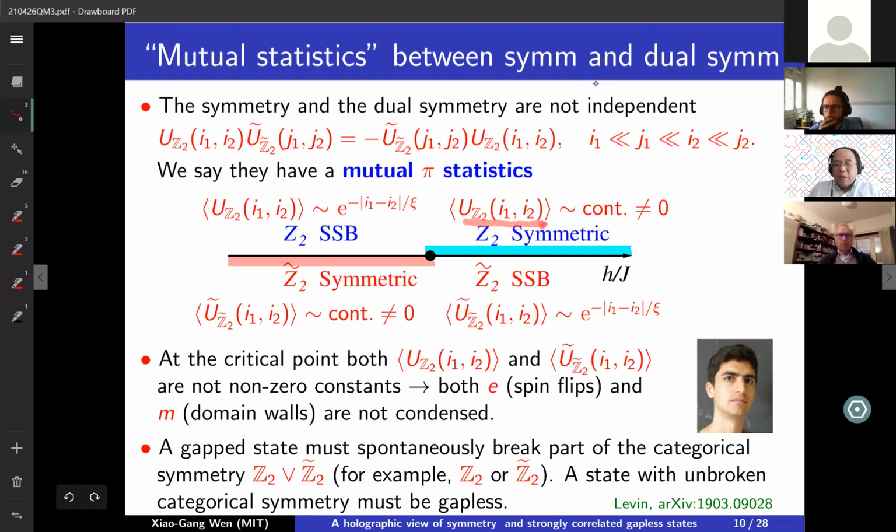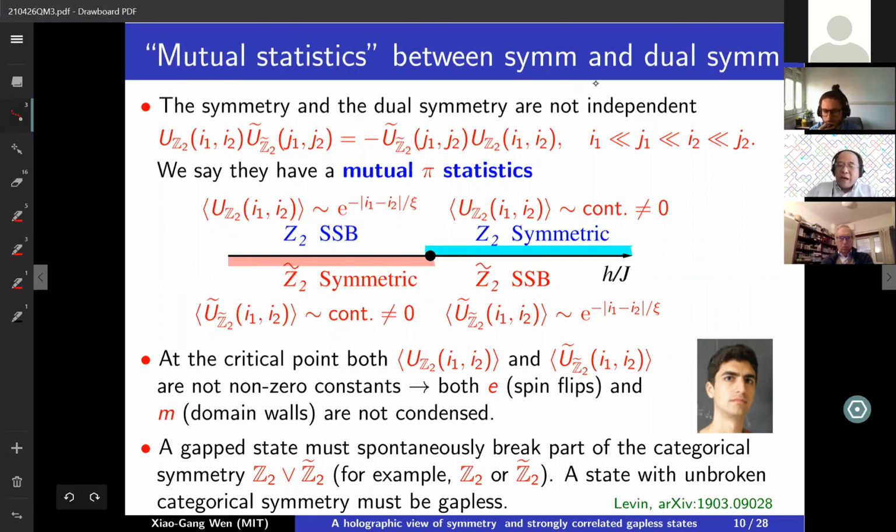Therefore, when we have this dual symmetry spontaneously broken, the charge operators will have a constant correlation. This means the charge operator at x1 and the charge operator at x2 have a constant correlation, and that means symmetry breaking. However, in the dual symmetric phase, this operator would have an exponential decay. That means the symmetric phase.